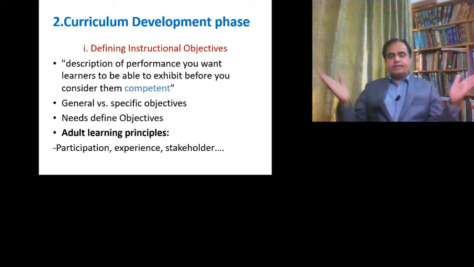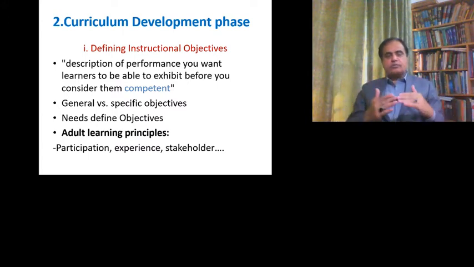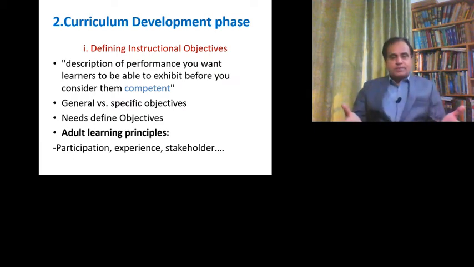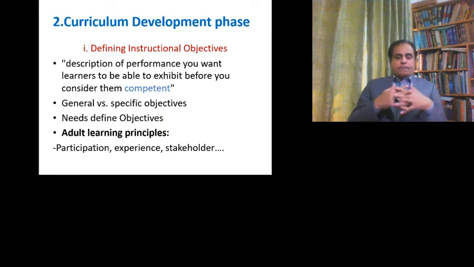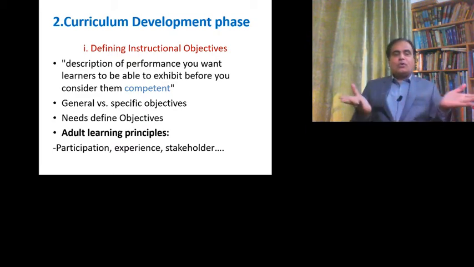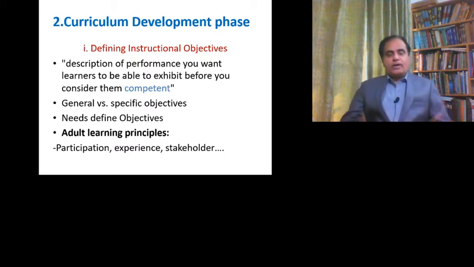So there are general objectives, and then there are specific objectives, and then in the process there are more specific and most specific objectives. Defining objectives is very important, because if you don't know your objective, let's say you want to travel to Lahore, or to Peshawar, and you don't know why you are going, I think if the objective is not clear, you would most probably be wasting your time and resources.